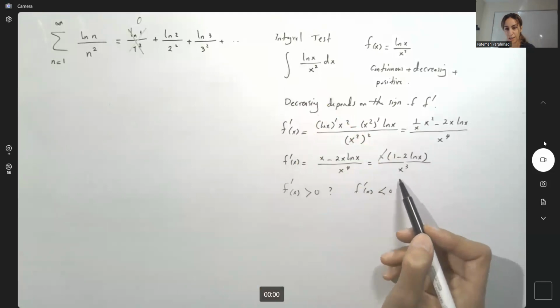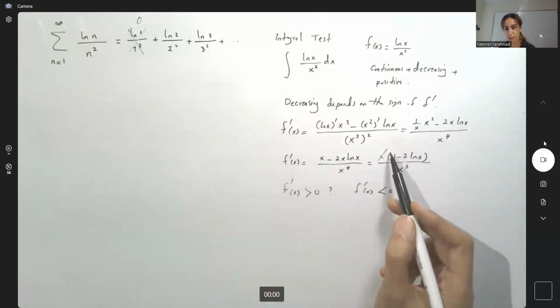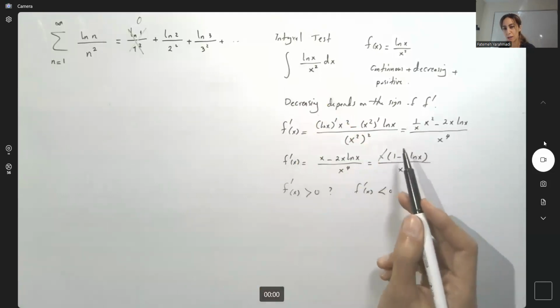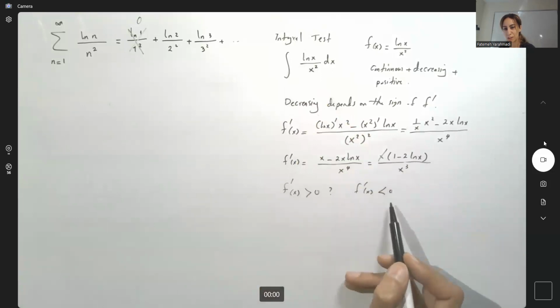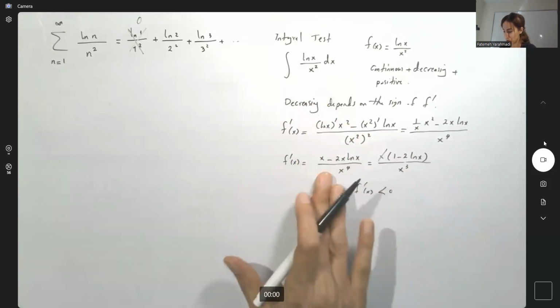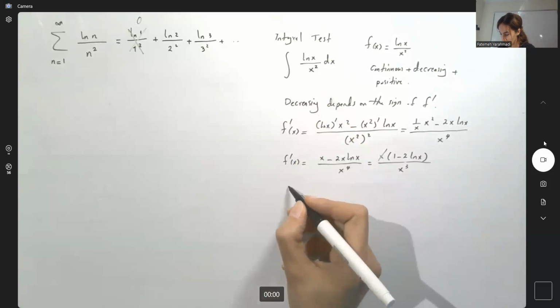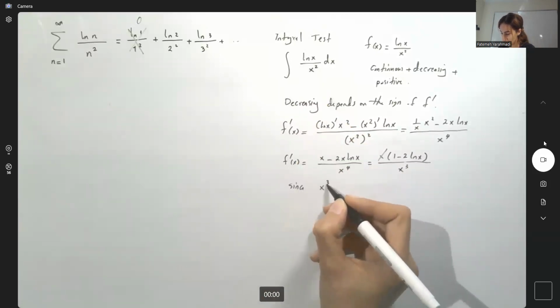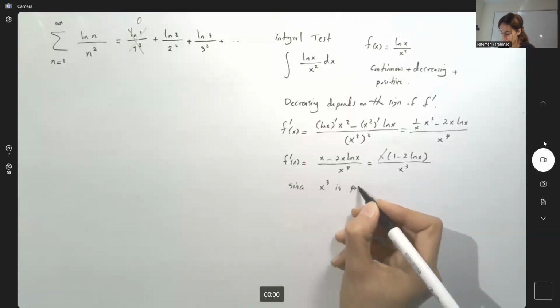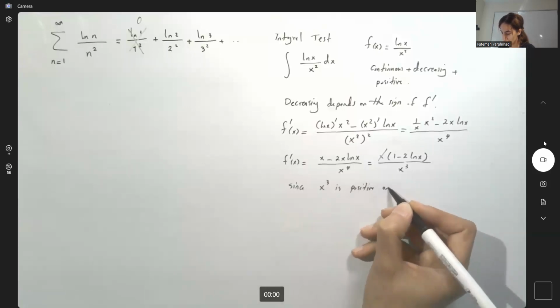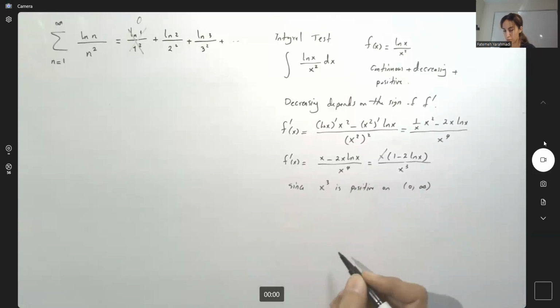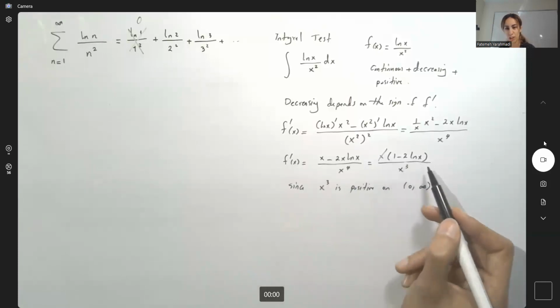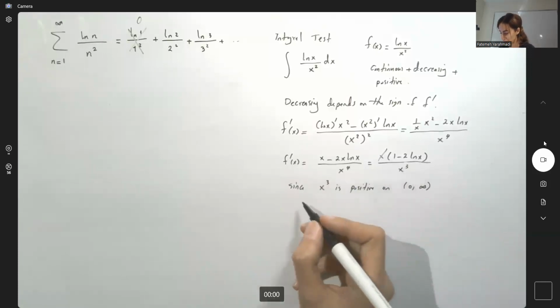If x is positive, 1 minus 2 ln of x must be negative, so we get a decreasing function. So since x cubed is positive on 0 to infinity, we can just check 1 minus 2 ln of x.